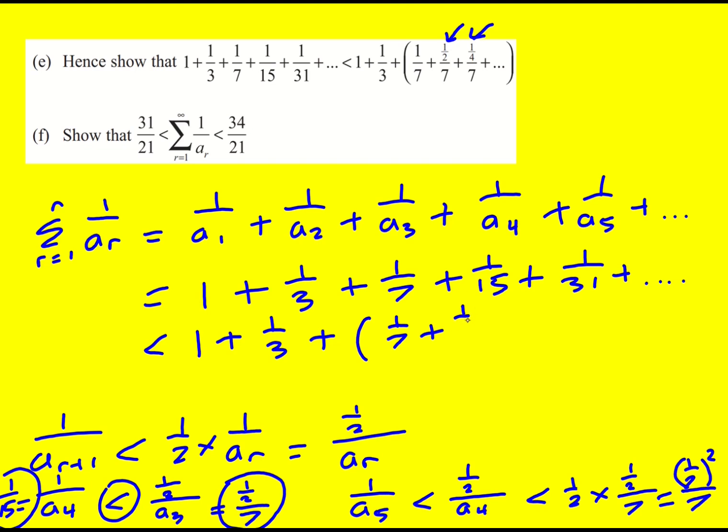So I'm going to get a half over 7. And then this one here was 1 over 31, so this is going to be a half squared over 7. Oh, sorry, that then becomes a quarter. And so on.